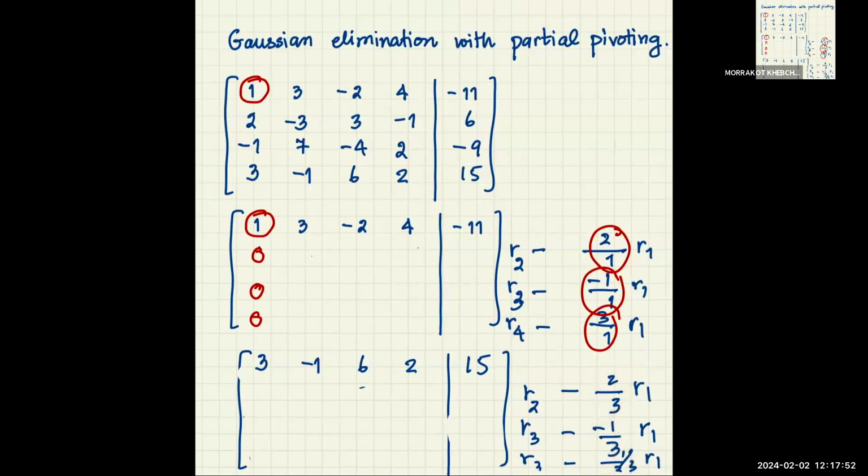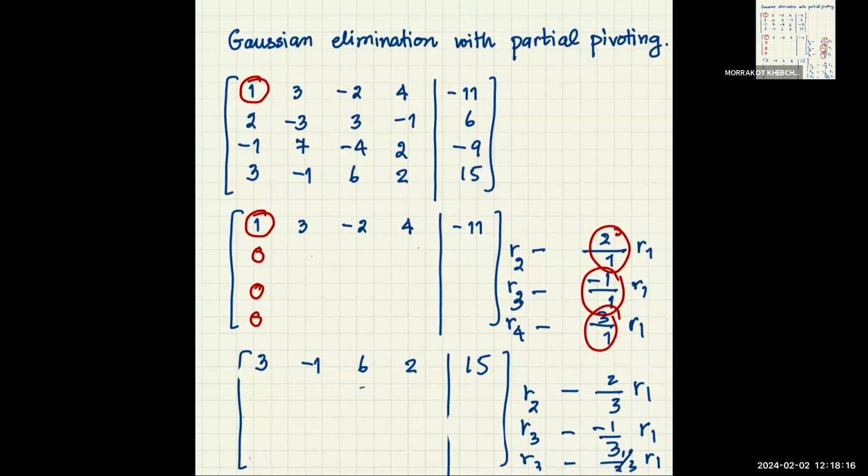Okay, so that's what we will talk about next Tuesday, where we will look at the first column and look at the maximum element. If the maximum element is in the fourth row, you swap the first and the fourth.